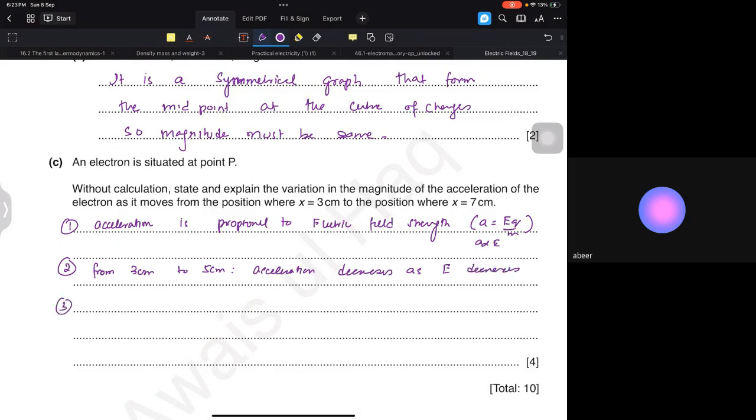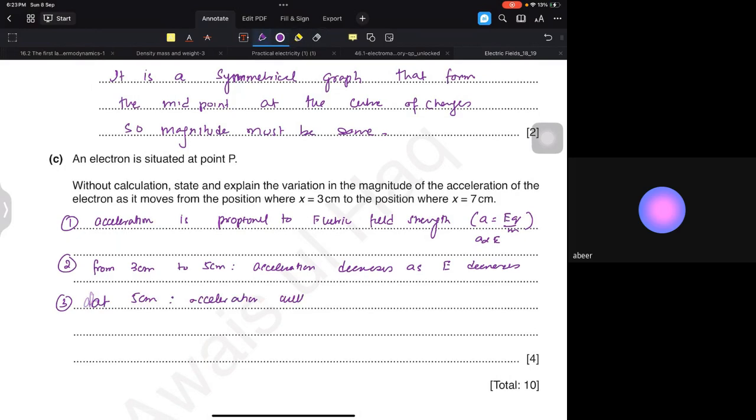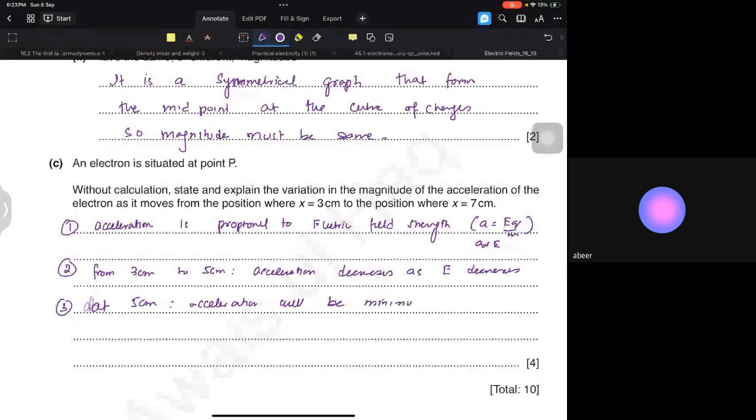And the third point will be that at 5 centimeter, acceleration will be minimum, but not zero, because electric field strength is not zero.